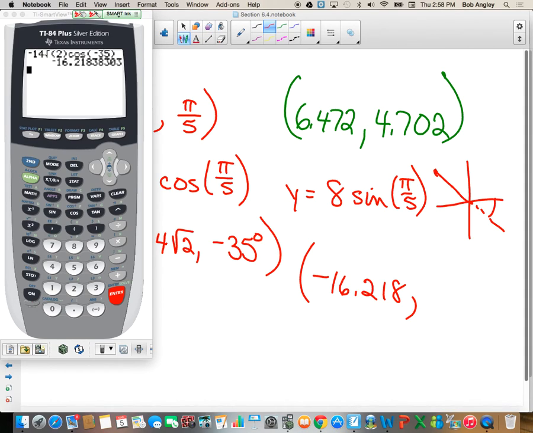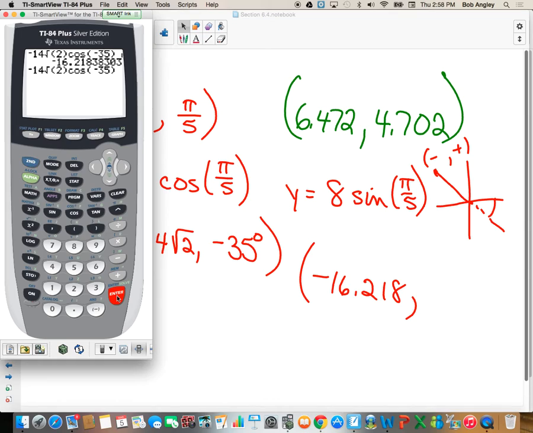So we're in the second quadrant. We ought to get a negative on the first one and a positive on the second. We got the negative here. The next thing should be positive. So let's go second, enter, and then go back and change the cosine to a sine. It should turn out to be positive, so 11.356.